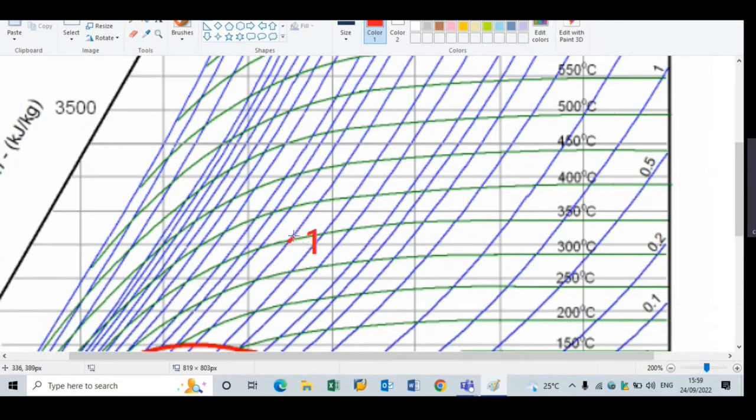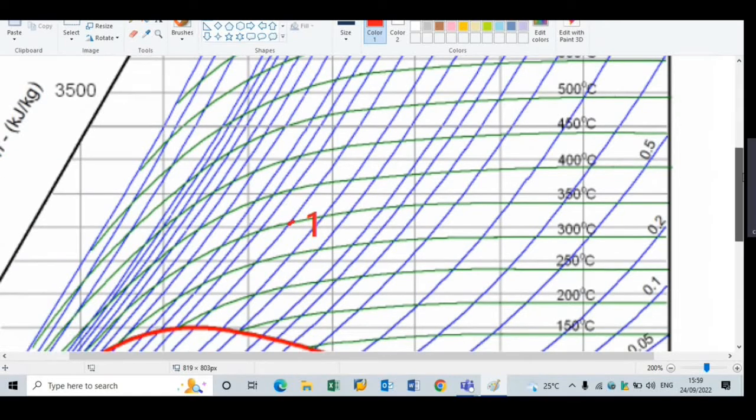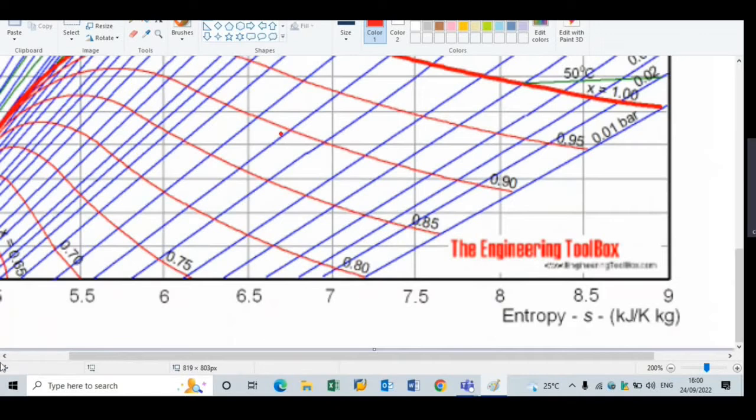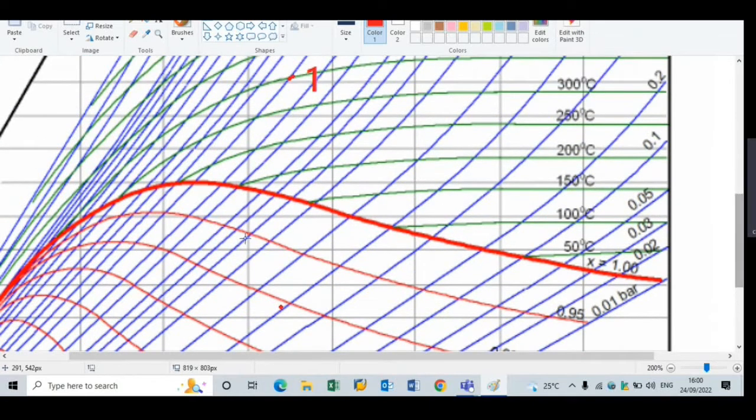Now we have to extend this point 1 in such a way that entropy remains constant. On the horizontal line at the bottom there is the entropy. So we have to take a straight vertical line up to a pressure of 1 bar.